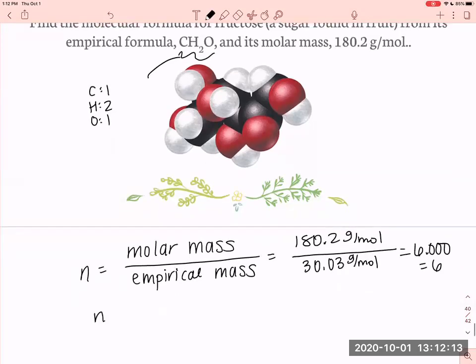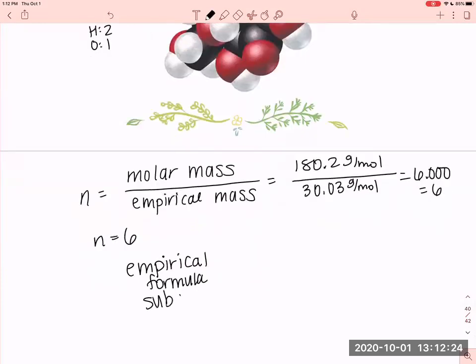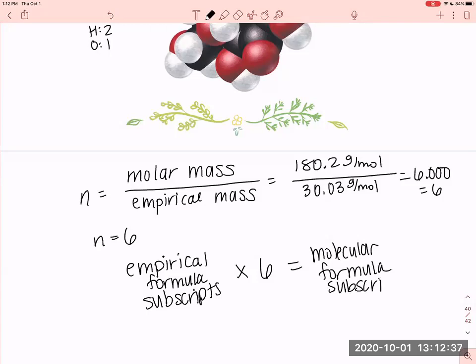So our N here is 6, which means we're going to take our empirical formula and we're going to multiply all our subscripts by 6. So you often see your instructors will kind of do like this.